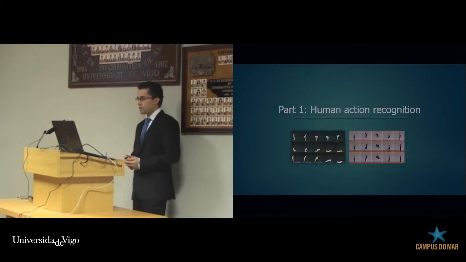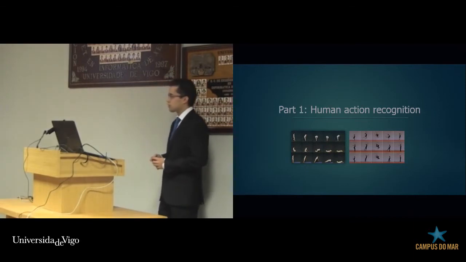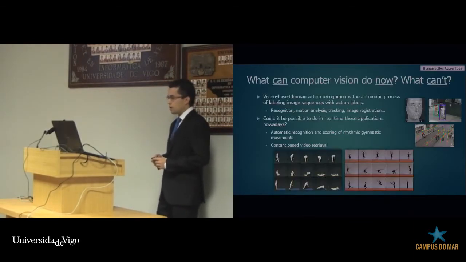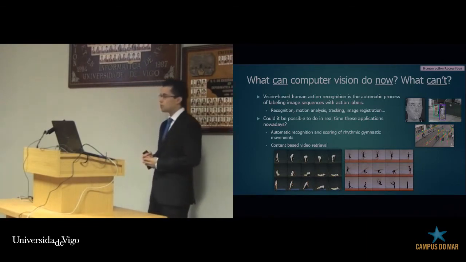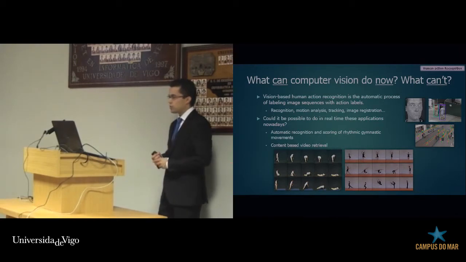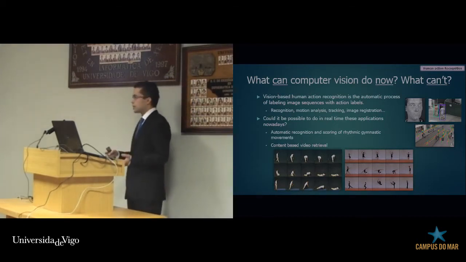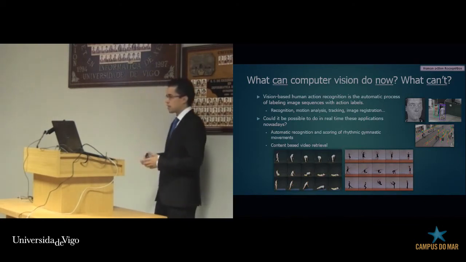For the first part, human action recognition, to start we can ask, what can computer vision do now and what can't it do? Vision-based human action recognition is the automatic process of labeling image sequences with action labels. For that, you have to do different things like recognition, motion analysis, sometimes tracking your body, and image registration.